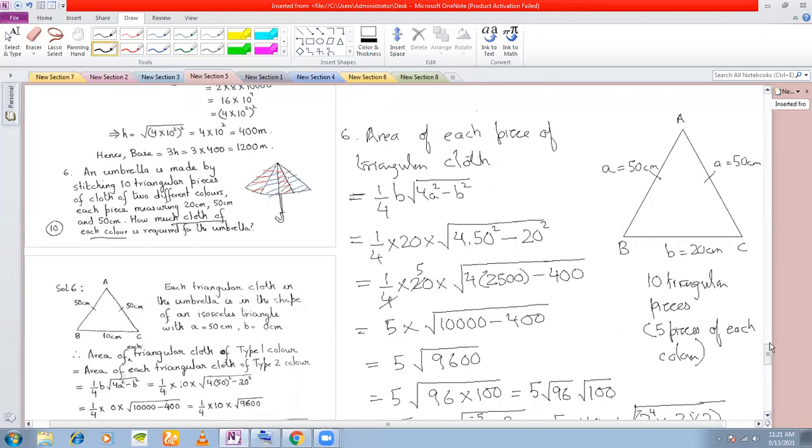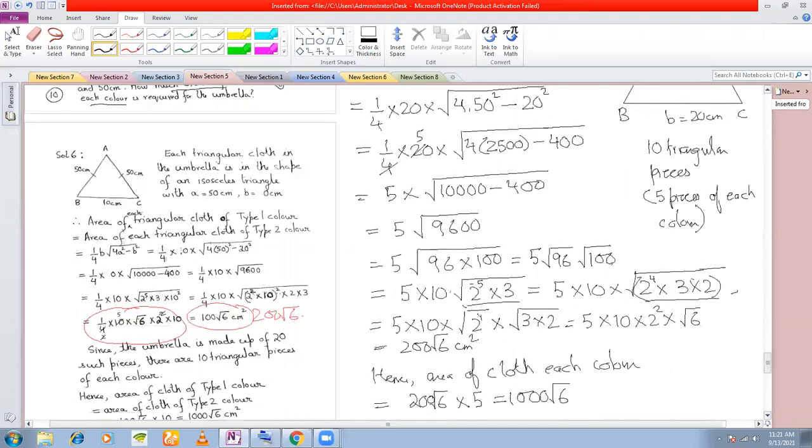See, till this part it is okay. The only part that got mixed up was this part. So you want me to explain this part or the entire sum? Sir, this part. Okay, let me do this once again then.